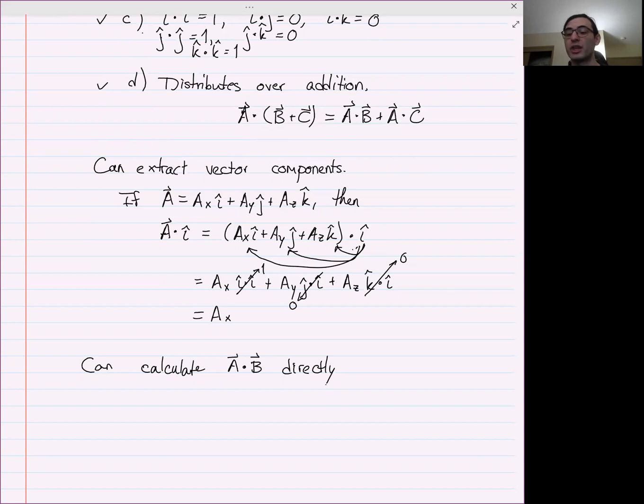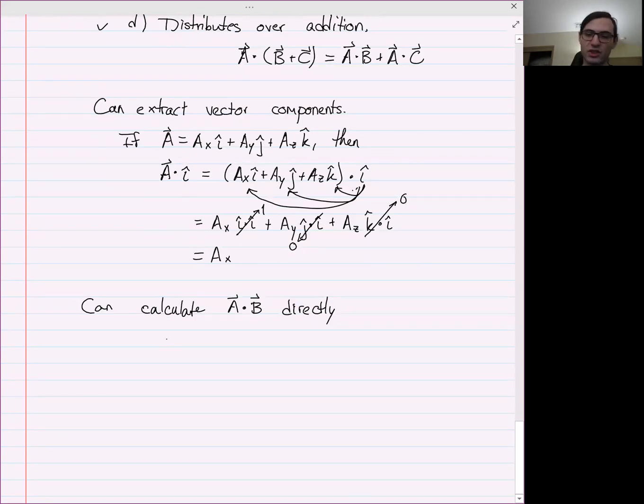We don't have to use that formula anymore because we can break them up into components. In this case, I'm just going to assume that they are two-dimensional vectors, just so it's shorter. So this would be Ax i hat plus Ay j hat dot Bx i hat plus By j hat.